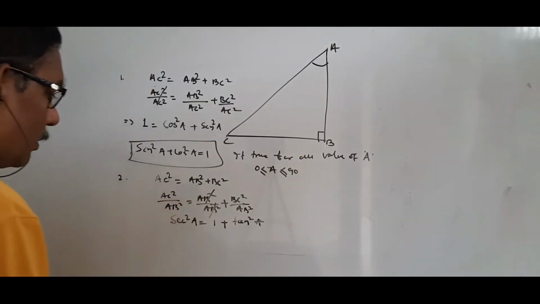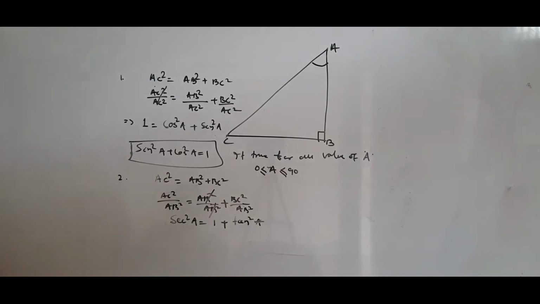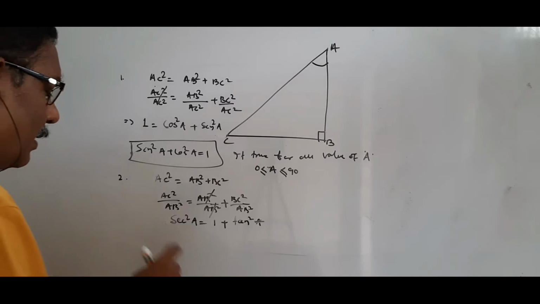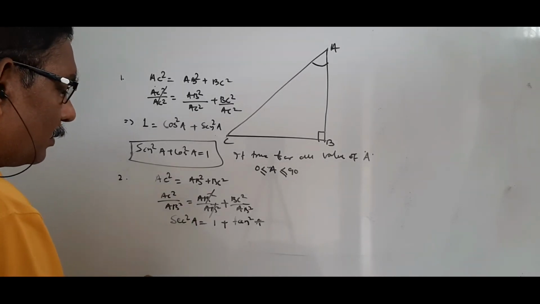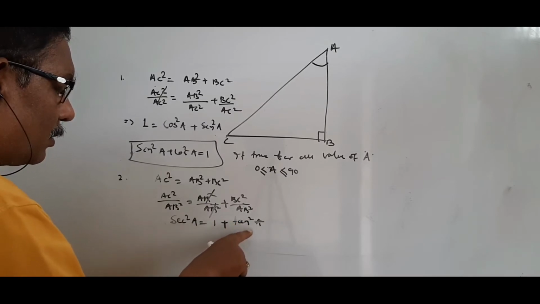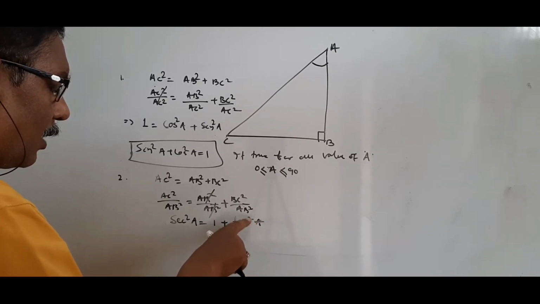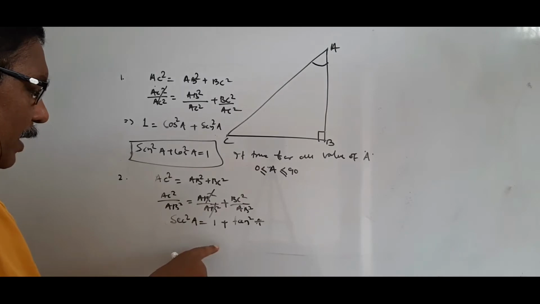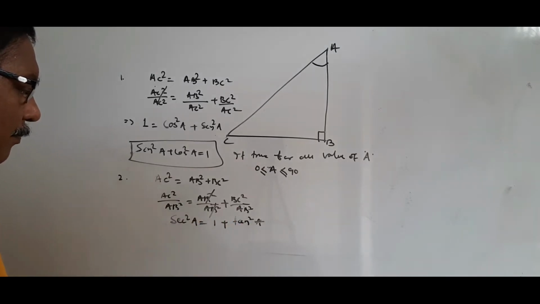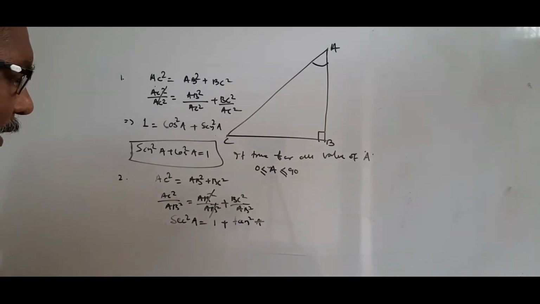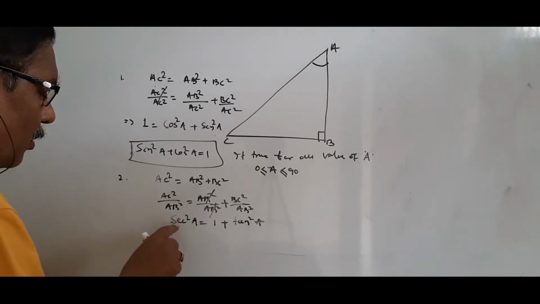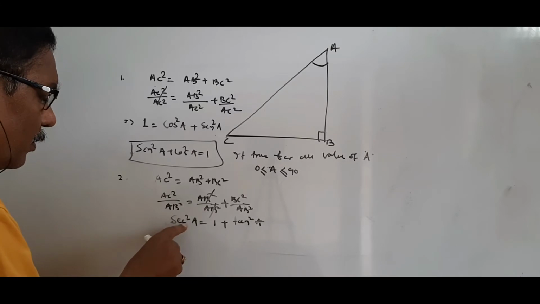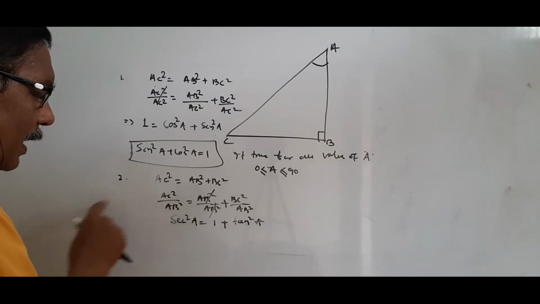Okay. If we take 0 degree here, suppose that, you know that for 0 degree, cos 0 is 1 and sine 0 is 0, so it is true for 0 degree. Now take another angle, 90 degree. For 90 degree, you know that cos 90 is equal to 0, so sec 90 is infinite.